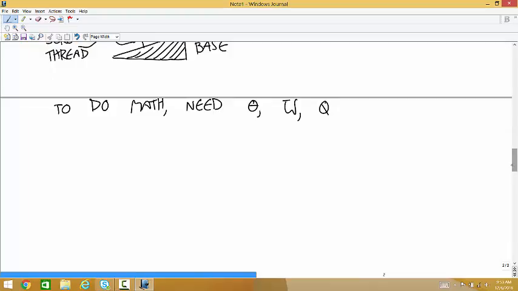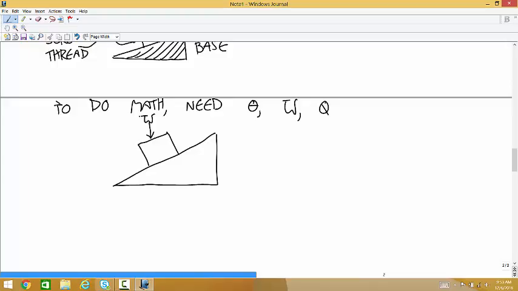Okay, so here's the problem that we have. The weight is whatever force this screw is being asked to resist.